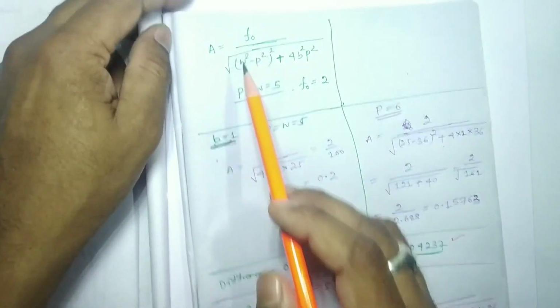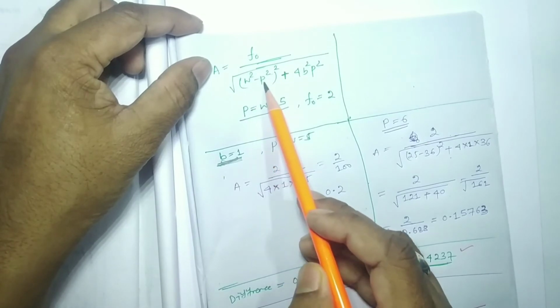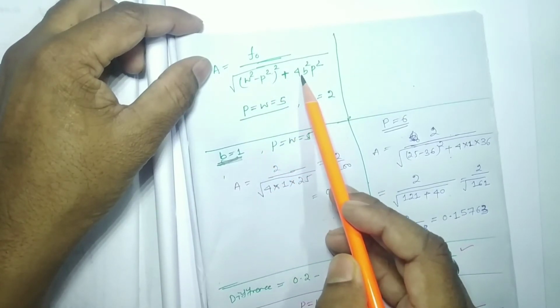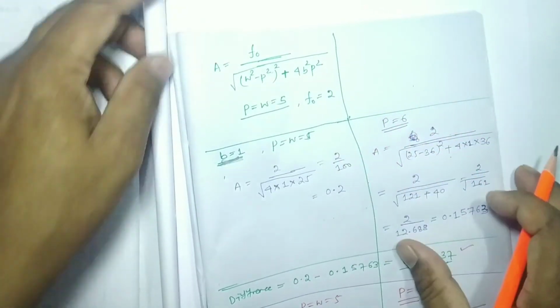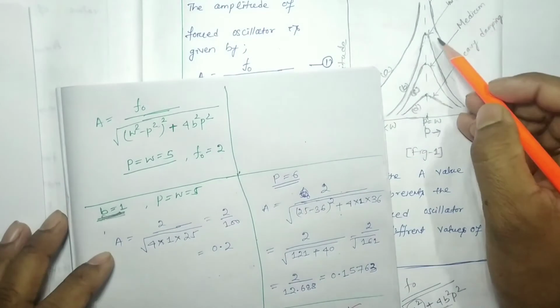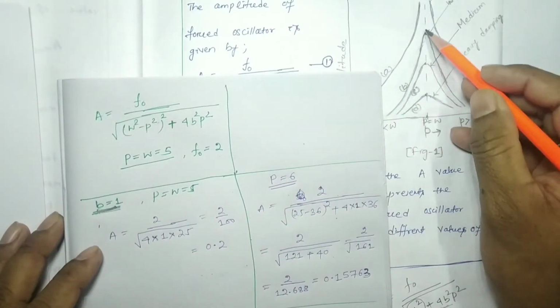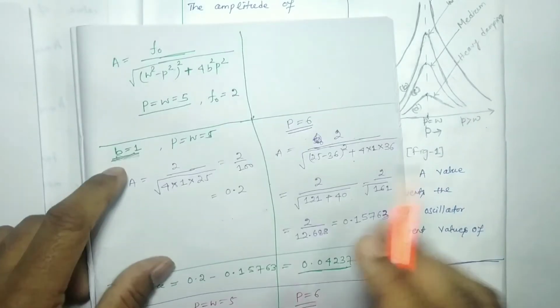See, we found that A equals f0 by root of (omega square minus p square) whole square plus 4b square p square. Concentrate that this one is your weak damping and this one is your heavy damping. First we have to consider weak damping.